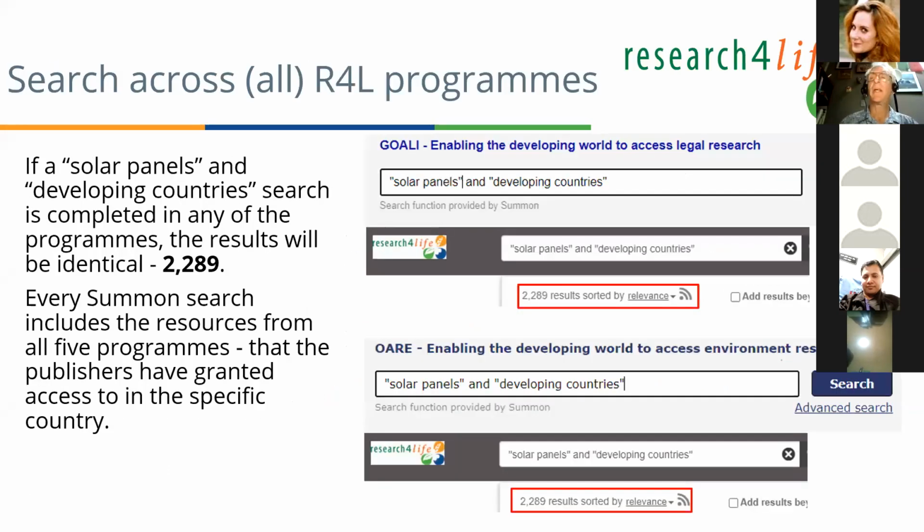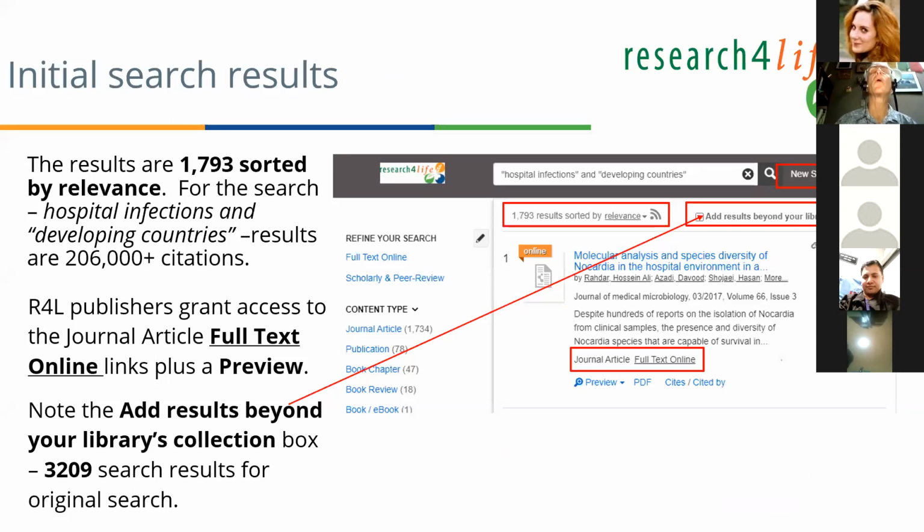Oh, this is a different search. Okay, now we're going back to hospital infections in developing countries. I guess my bias is that I have done more Hinari training than the others, so I'm pretty comfortable in it. So we use the quotes again, and we come up with 1,793 articles. Note, there's a box, journal article, full text.